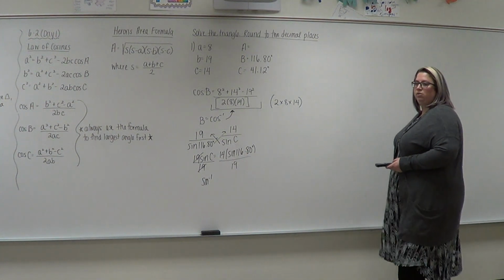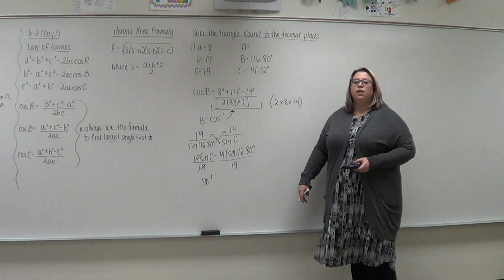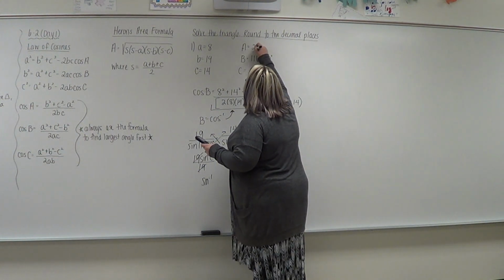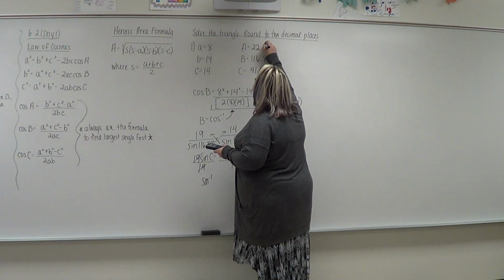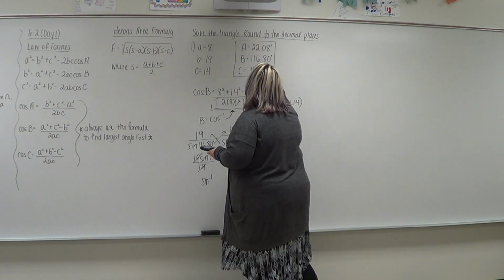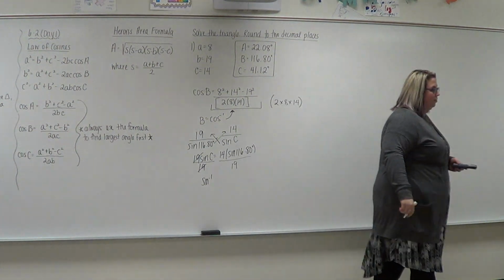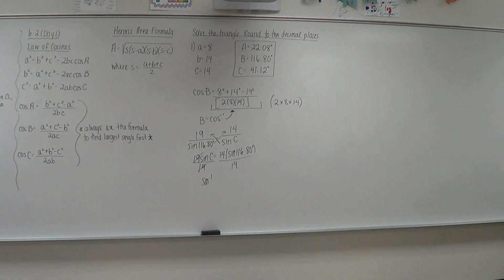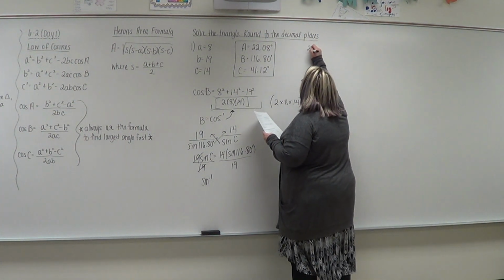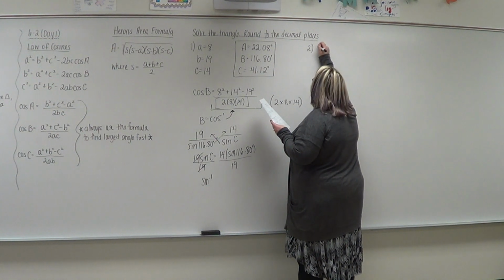Okay, then once you have two angles, how do you find your third? 180. Okay, 180 minus both of those. So this would be 22.08. Okay, so that's one way you'll have to use law of cosines. Here's the other way.